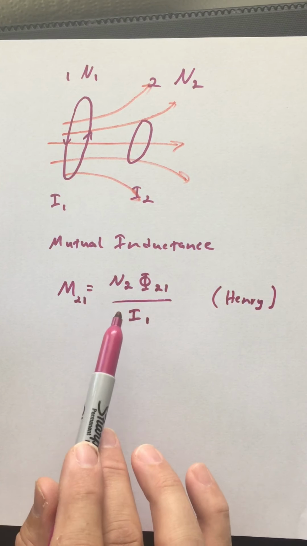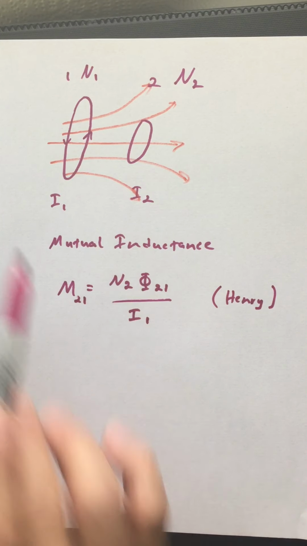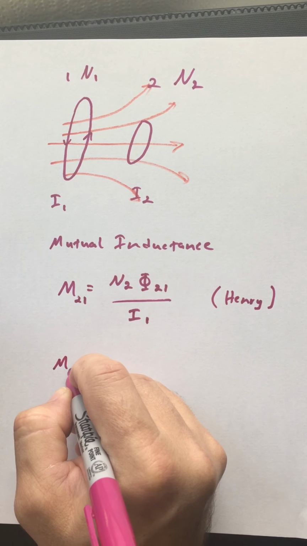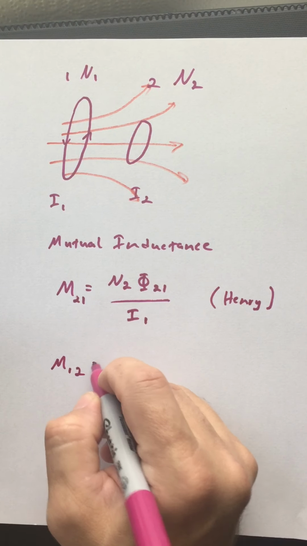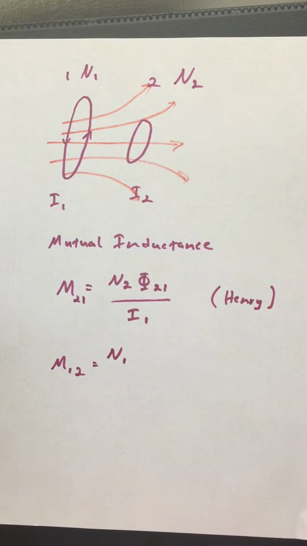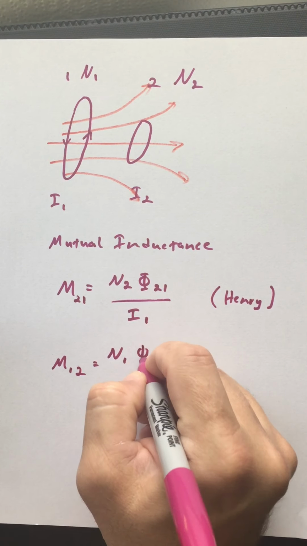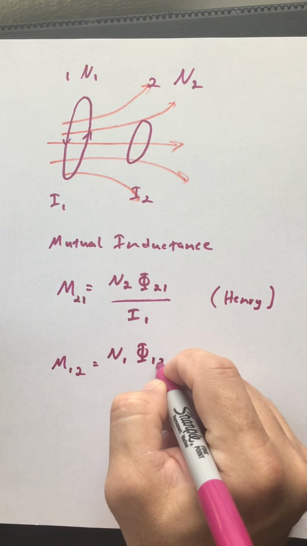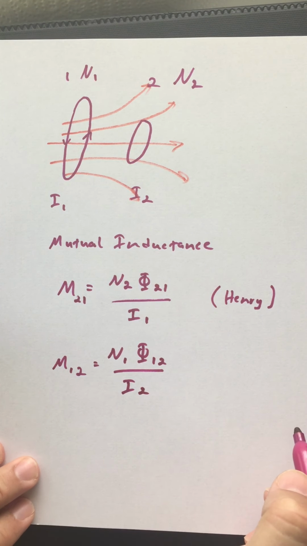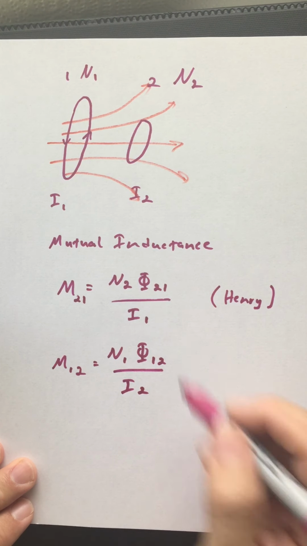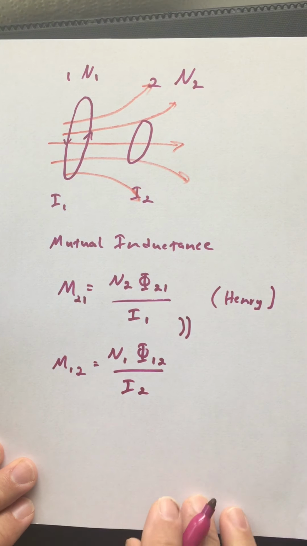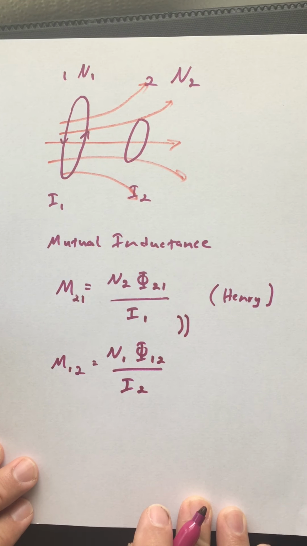Of course, as soon as I do this, mutual inductance means there's a back and forth. So I can just as easily define the mutual inductance of coil 1 due to coil 2, and just by changing out my subscripts, I can come up with that: the number of turns in coil 1 times the magnetic flux through 1 due to 2, divided by the current producing that flux, I2. Here's the good news. It can be shown that these two are actually equal, which probably doesn't surprise you too much.